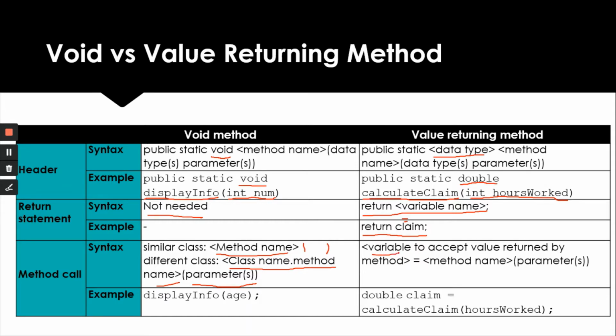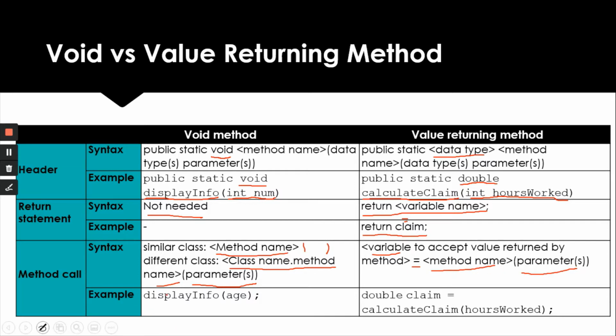First is the variable itself, and you put the equal sign, and then you put the method name together with the parameter. Okay, you have to remember that. For a void method, you just write the method name and the parameter. But for a value returning method, you have to include a variable to accept the value returned by the method, equal to the method call, method name together with the parameters.